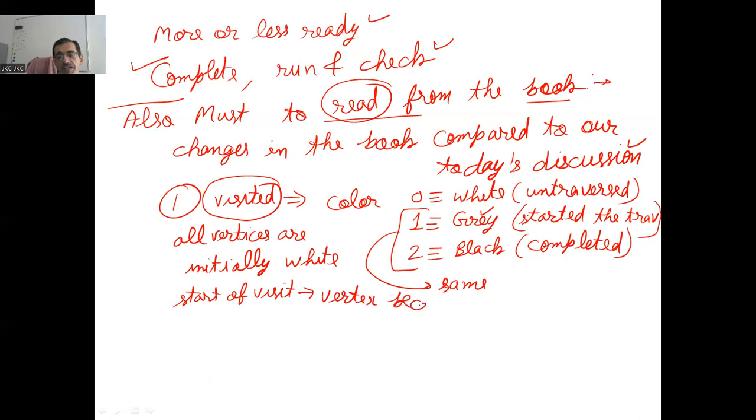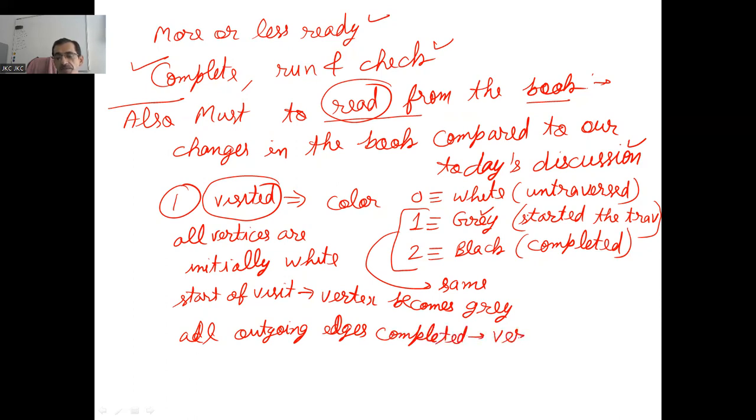And once it is completed, when all its adjacents are covered and all outgoing edges are checked, then the vertex becomes black. So that is the first change, which we have not used, but it doesn't matter for us. Black and gray doesn't matter, only the word matters.